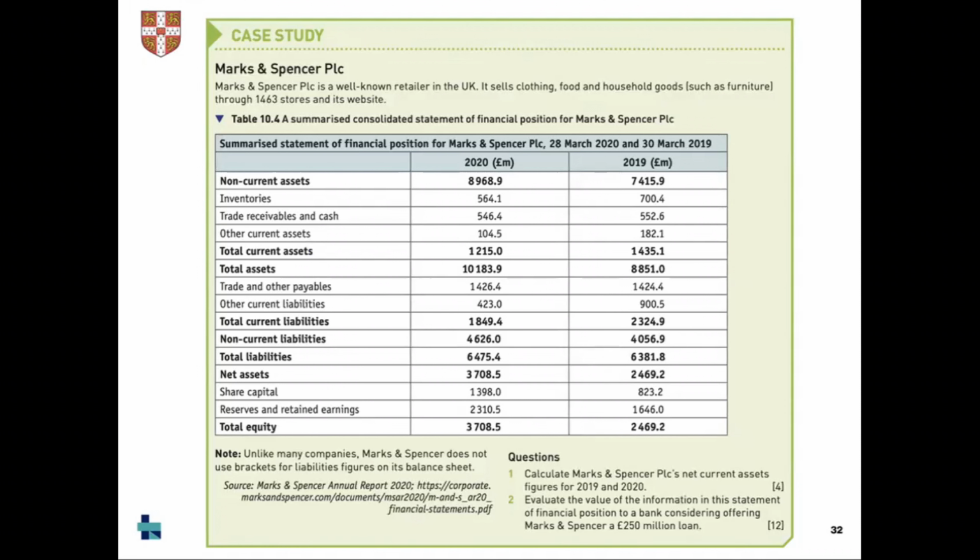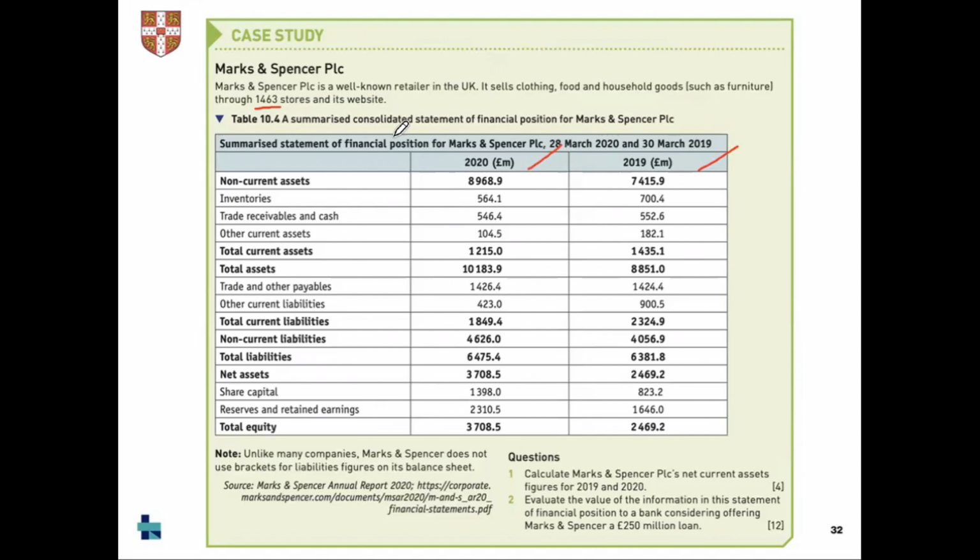The table below, that's table 10.4, is a summarized consolidated statement of financial position. So across all of its stores, it's 1,463 stores, it has consolidated the value of all its assets and liabilities into one statement. And we have the 2019 figures, and then we have the 2020 figures.